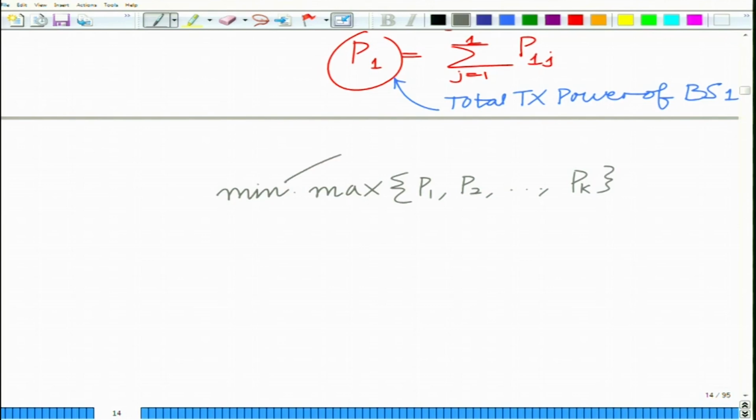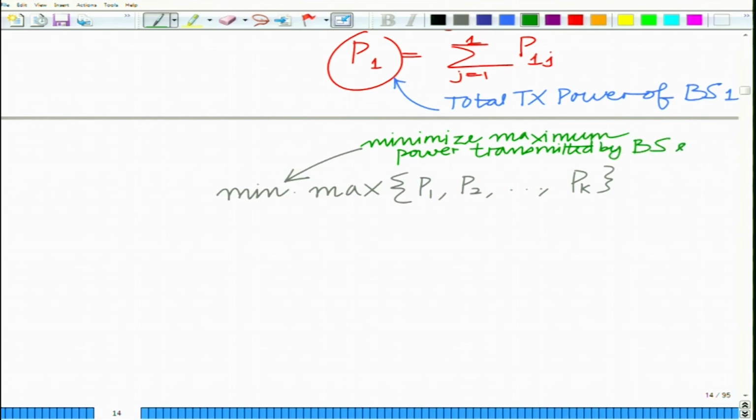So, what this is doing is minimizing the maximum power transmitted. Minimize the maximum power transmitted by base station.